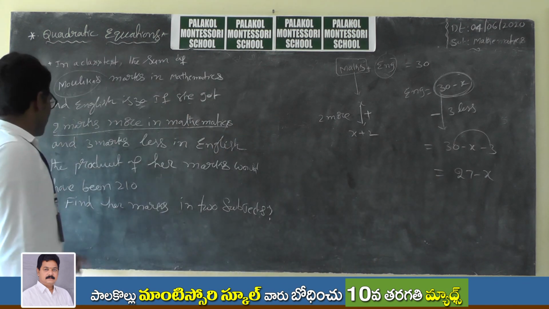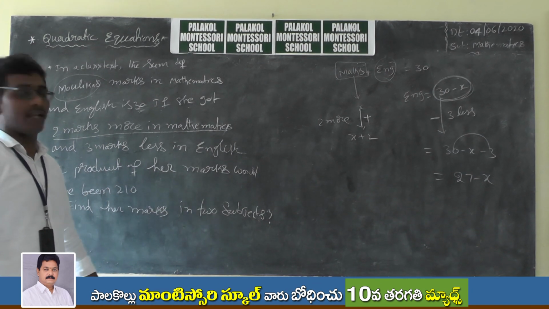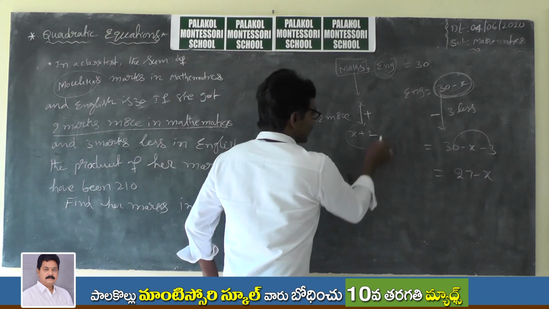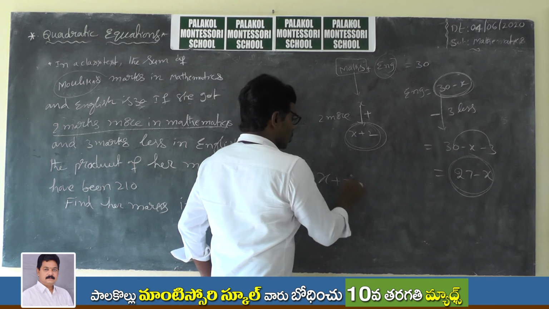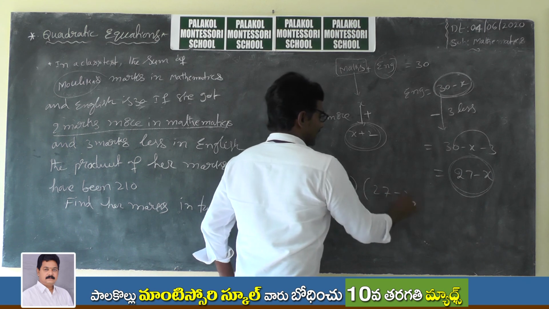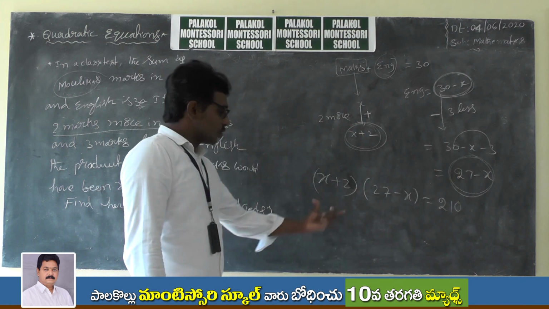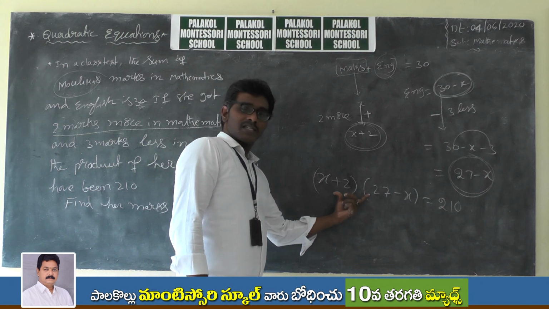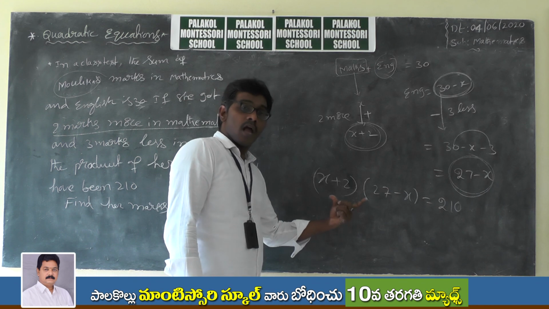Right. So the product of her marks would have been 210. That means this maths mark and this English mark are multiplied: x plus 2 times 27 minus x is equal to 210. So these 2 terms are simplified and you get a quadratic equation.